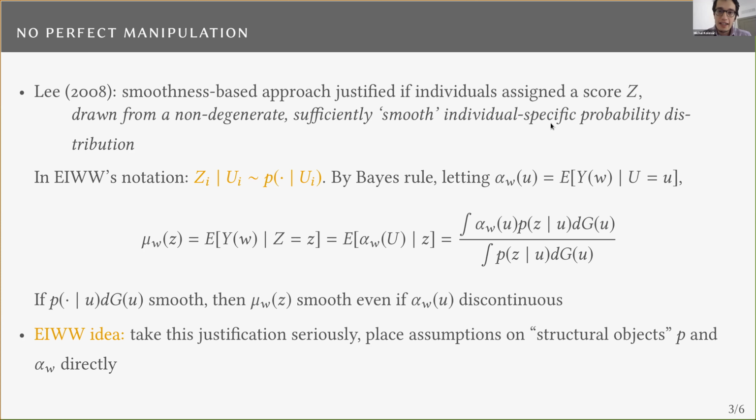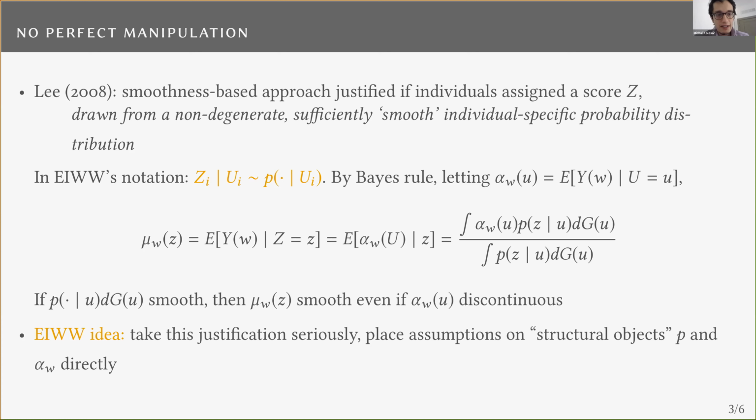So once I formalize individual specific by saying that, conditional on some variable U, the latent variable in the paper, the score Z is distributed according to some smooth distribution P, then by Bayes' rule, it follows from two lines of algebra that even if the conditional mean of the potential outcomes given U is discontinuous, the conditional mean given Z is going to be nice and smooth.